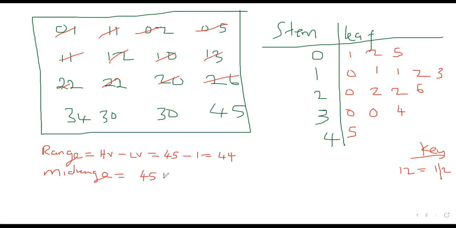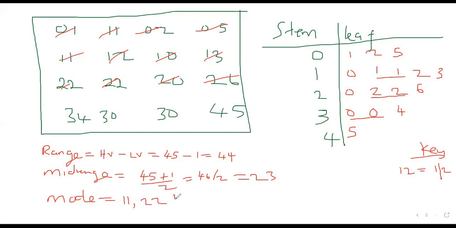We add them and divide by 2. 46 over 2 is 23. The mode. How do we find the mode? The most frequent. We have these most frequent numbers here, they're consecutive. So we have 11, 22, and 30.